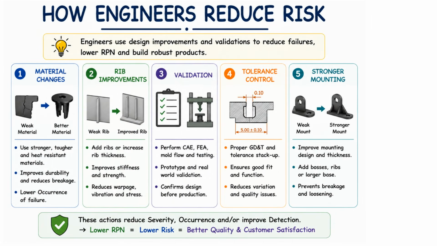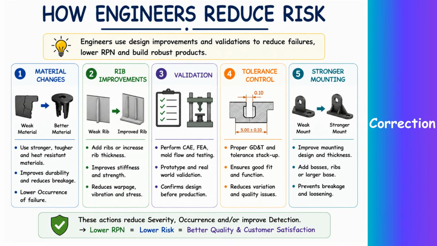So, how do engineers reduce DFMEA risk? There are many methods. First, material improvements. Using stronger and tougher material can reduce breakage. Second, rib improvements. Proper rib design improves stiffness and strength. Third, validation. Testing helps identify failures before production.